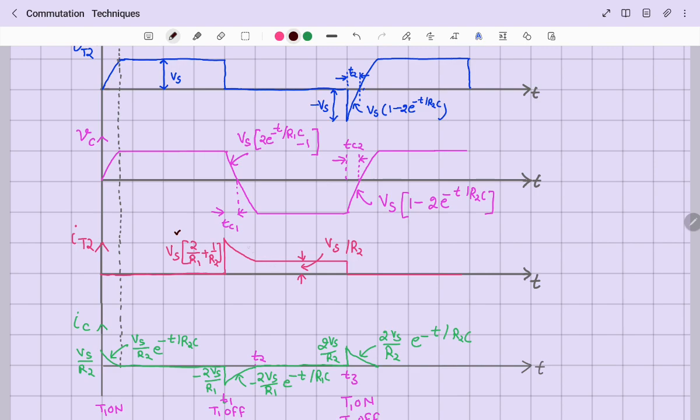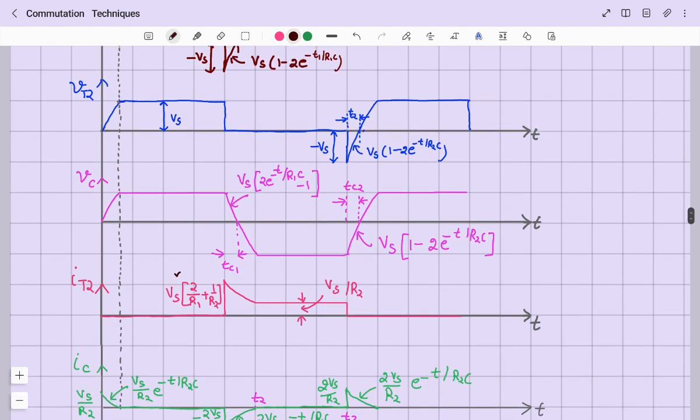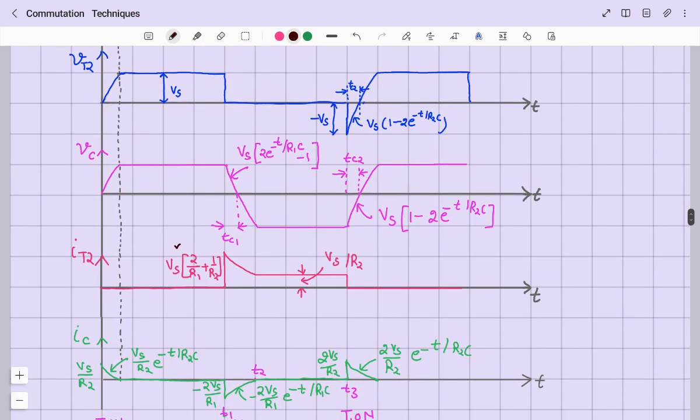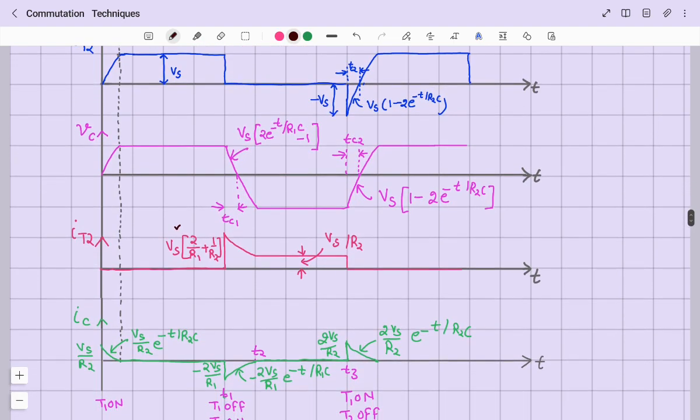So current is flowing in this fashion, and the capacitor is charged from plus Vs to minus Vs. Your thyristor T2 will conduct with an initial current of Vs by 2 R1 plus Vs by R2, decaying to Vs by R2. So in this way it will go like this.